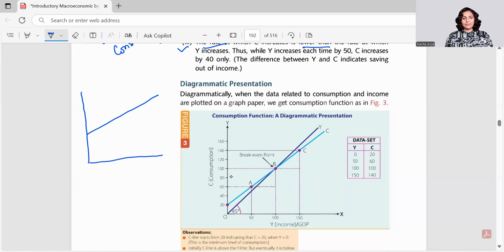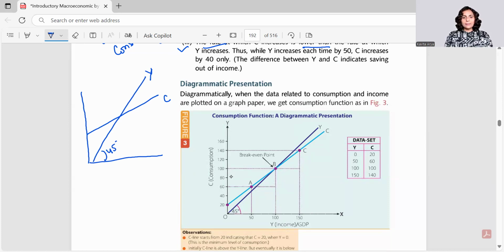It should be a little less steep. So C should be this way. It should be flatter, and Y should be steeper, at an angle of 45 degrees.